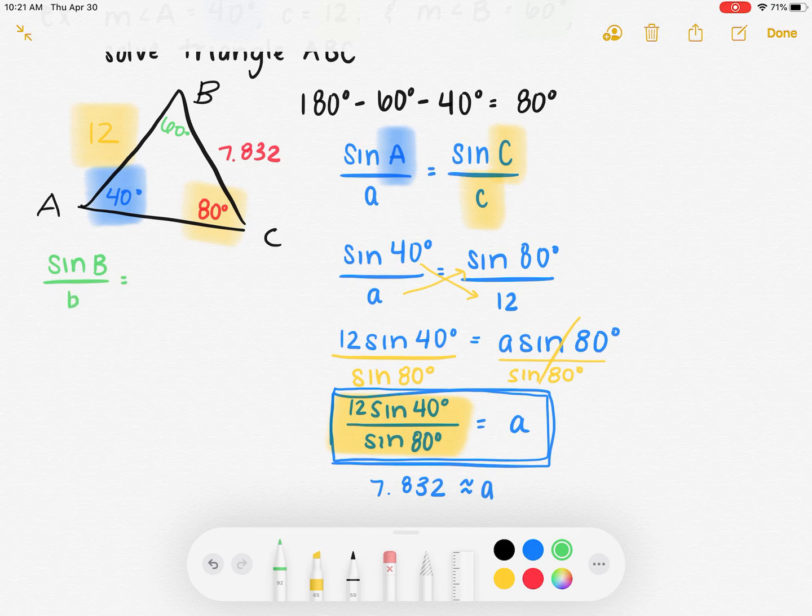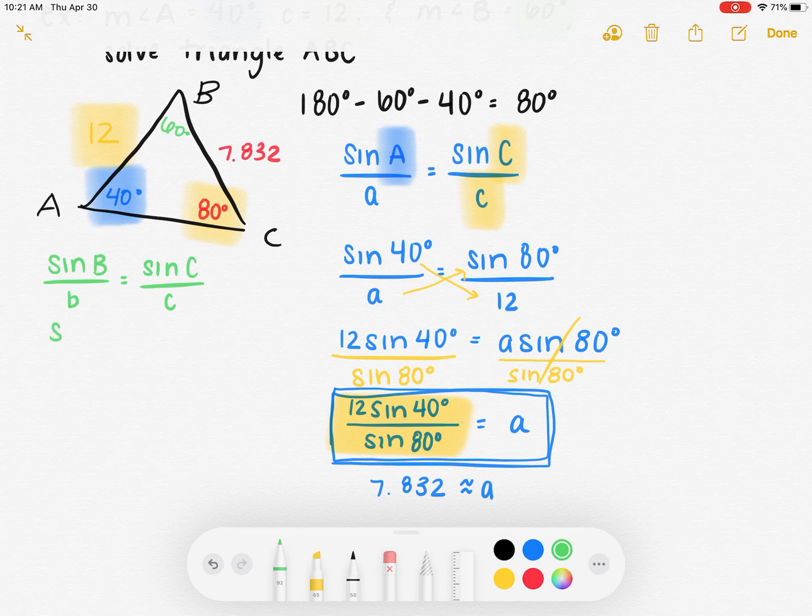Even though I know side A and angle A, I'm not going to use that, just in case I made a mistake when I was calculating side A. I don't want to carry that mistake through to my second calculation. So I'm always going to use the one they gave me right off the bat. So again, I'm going to use sine of C over side C because I know that entire set of information.